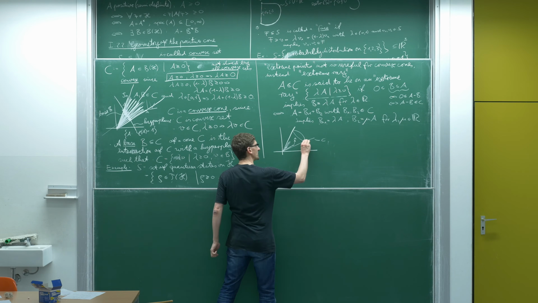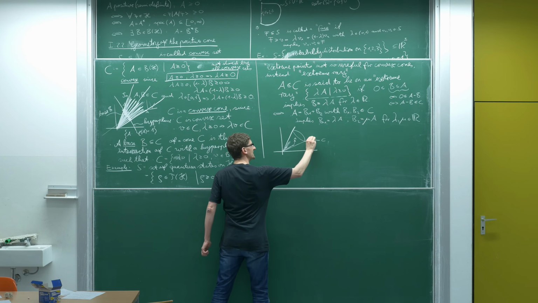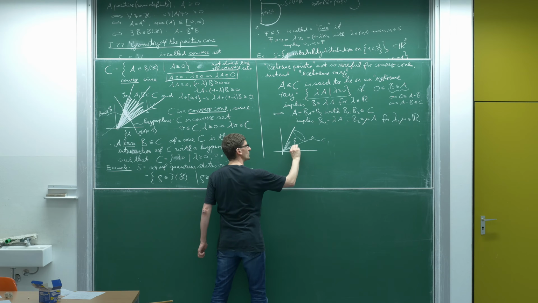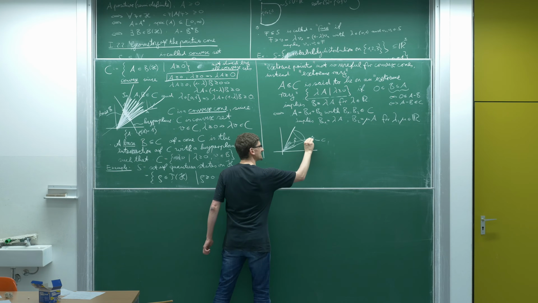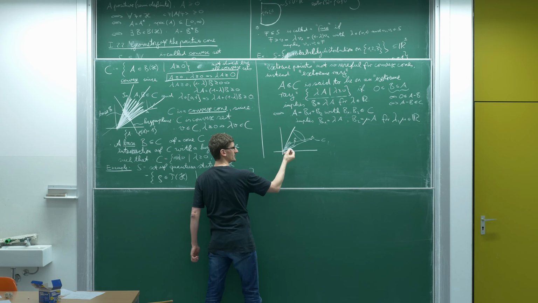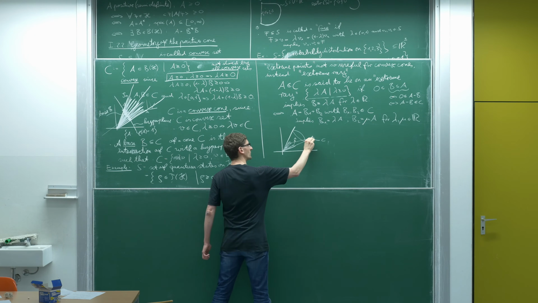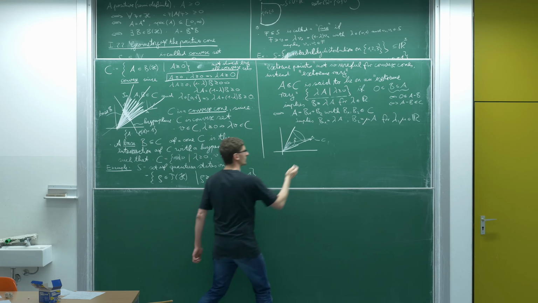But this is not possible, for example, for this element. If you would like to write this A here as a sum of two elements of the cone, I mean, you can go into the interior of the cone, but then this arrow doesn't lie in the cone. I mean, it points out of the cone. I hope you can see it. So the only way to write this here as a sum of two elements is you take two elements which are already on the same ray.